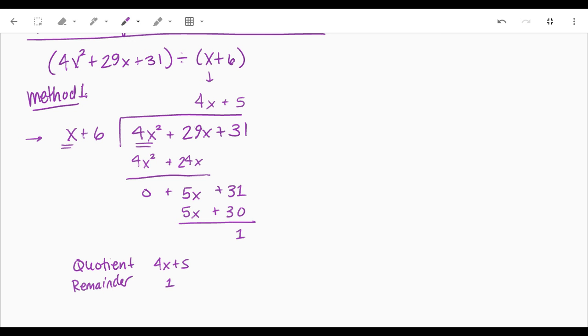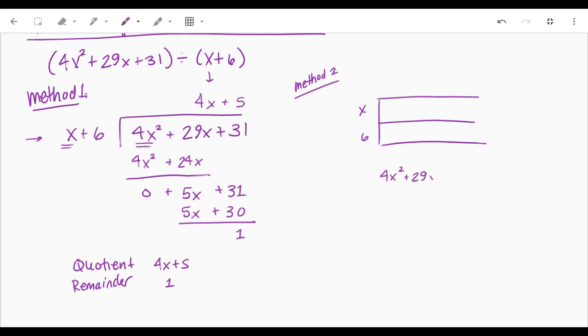Okay, now the way a lot of you learned how to do it in Algebra 2 is with that Polydoku method, where you set up an area model, and we knew that one side was x plus 6. You had to figure out what the other side would be to get to your goal of 4x squared plus 29x plus 31.